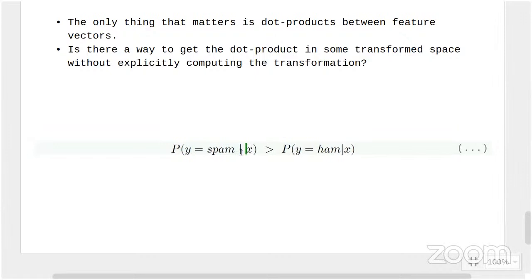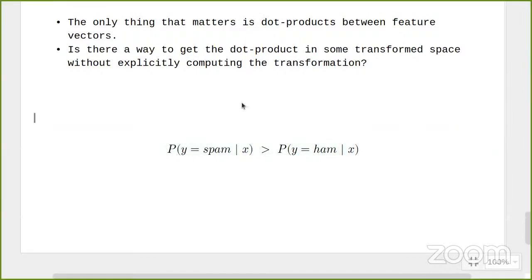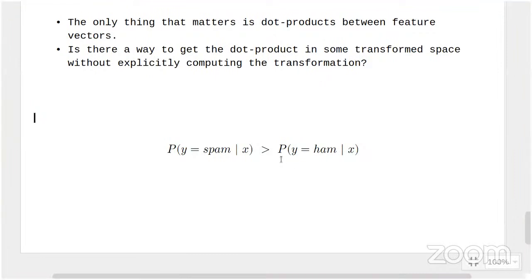Oh, I have calculated only one. Yeah, that is the typical recipe: for all classes, you have to compute the posterior. You have to compute both and see which of the two is greater.